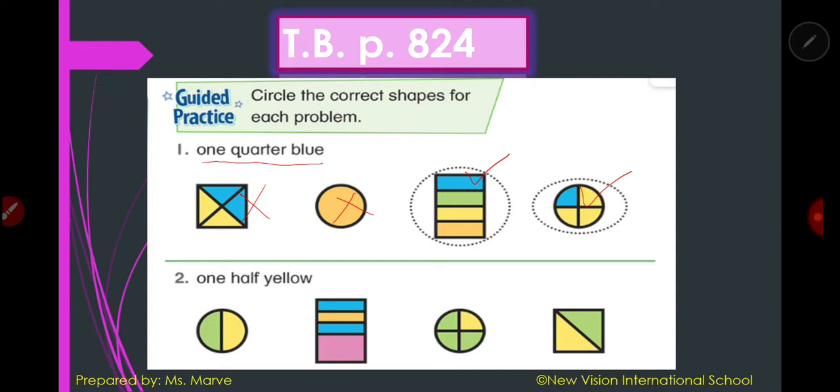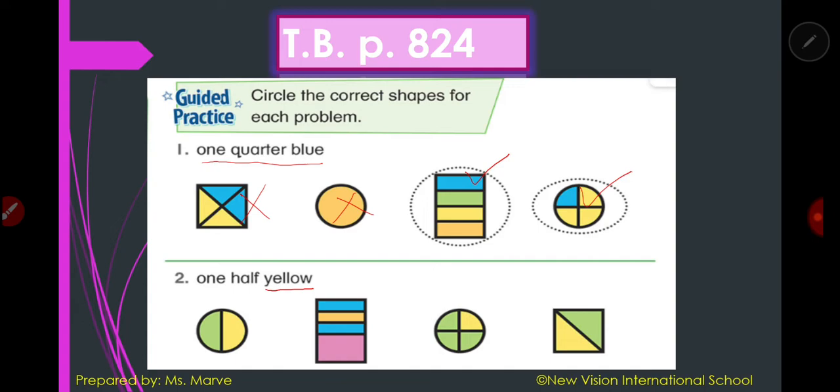Now I want you to answer alone number 2. 1/2 yellow. When you say half, it means it is divided into 2. But the yellow should only colored 1. Okay. Count if it is divided into 2 and try to check if the yellow is only shaded 1 time.